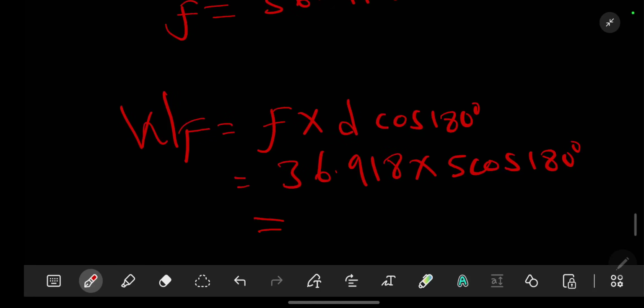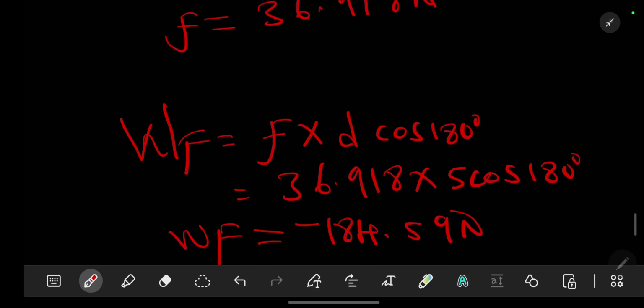This gives us negative 184.59 joules. So this is the work done by friction.